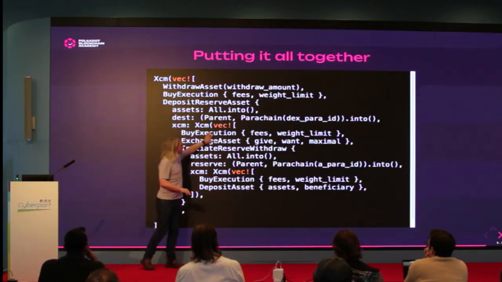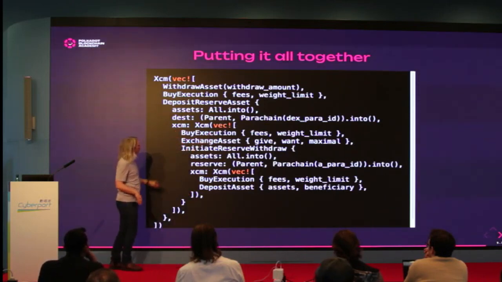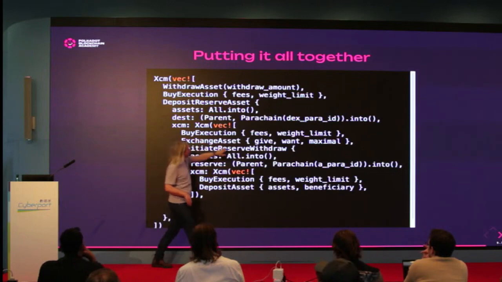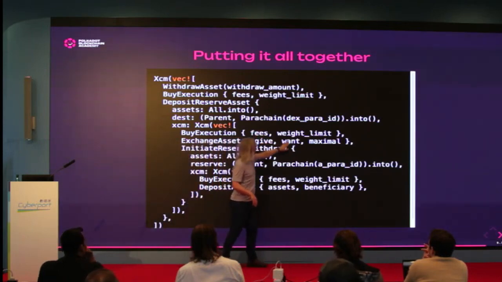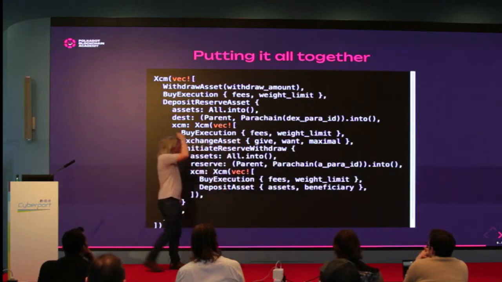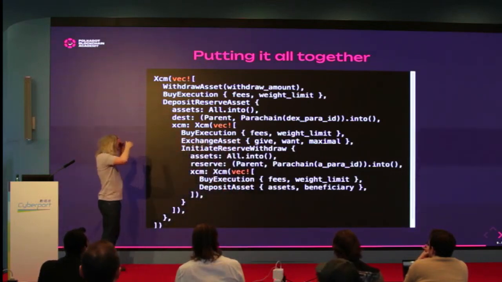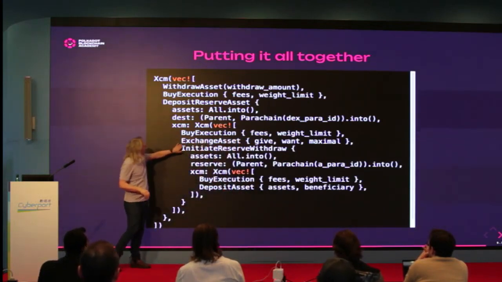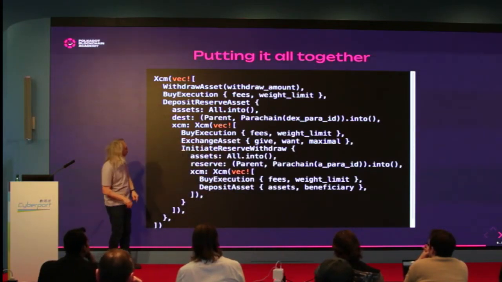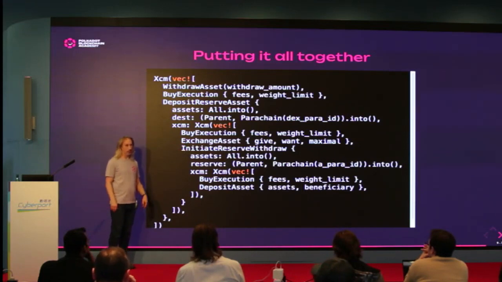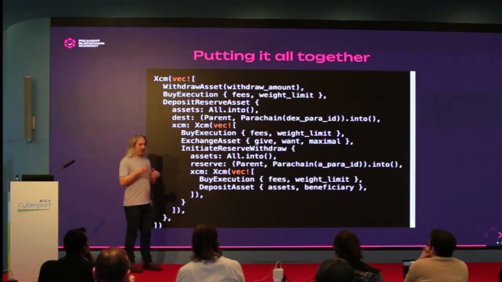We're going to buy some execution. We're going to exchange the asset, presumably giving whatever's left from the fees into something, into what we want. And then, with the assets now in the holding register, we're going to initiate a reserve withdrawal. So we're withdrawing the wrapped assets.